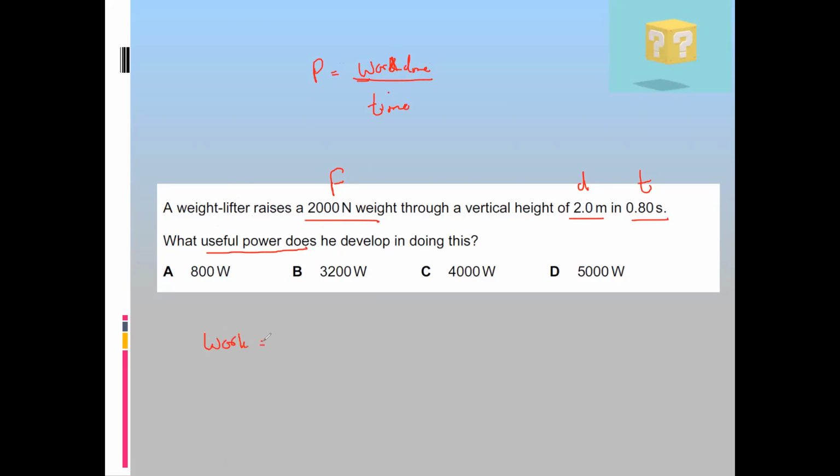What is the work done? The force is 2000 and the distance is 2. So 2000 multiplied by 2, that's 4000 joules. So work done is 4000 and the time it is taking is 0.8 second. So 4000 divided by 0.8, what is the answer? 4000 divided by 0.8.